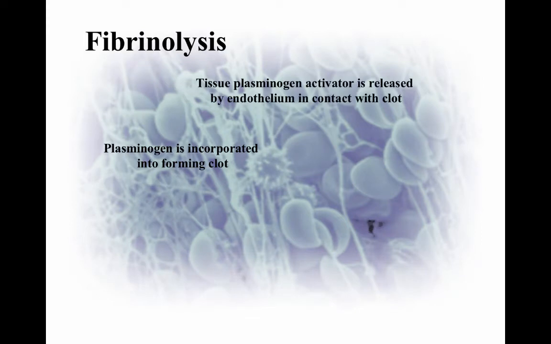Fibrinolysis, then: tissue plasminogen activator is released by the endothelium in contact with the clot. We see plasminogen being incorporated into the forming clot, and this leads to plasmin, which will then dissolve the fibrin clot.